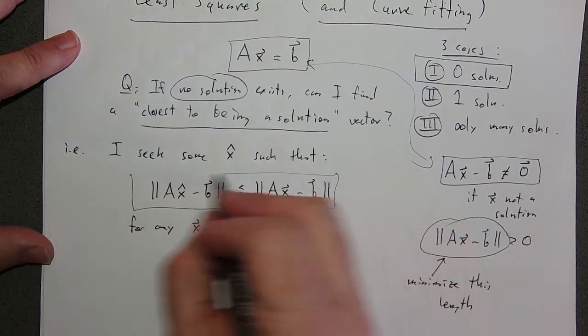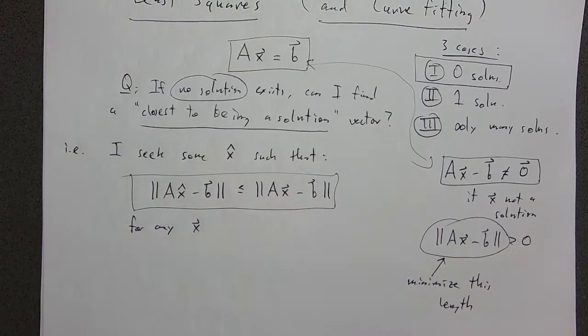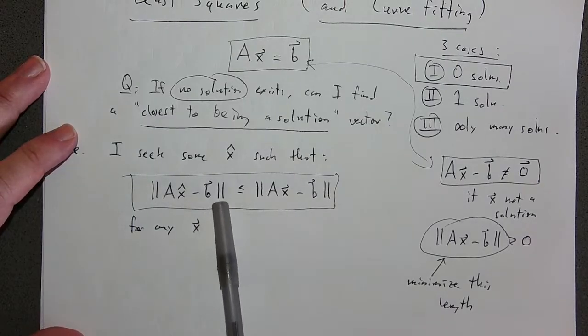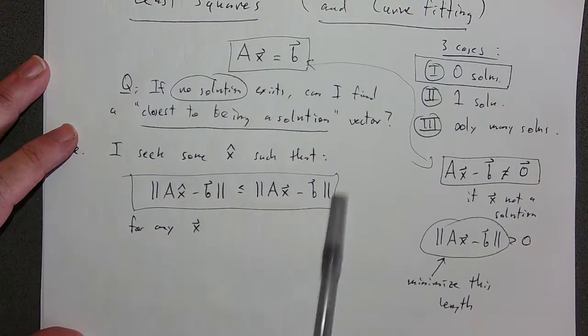So this is what I seek. I seek an x hat that minimizes this length, so that Ax minus b, whatever it is, is always less than or equal to the length of this expression.